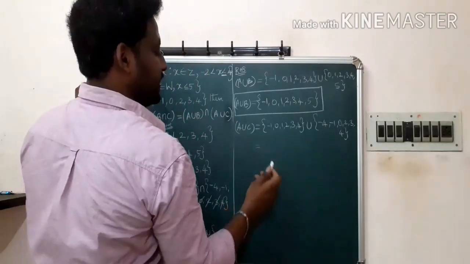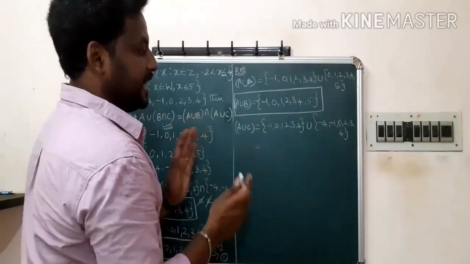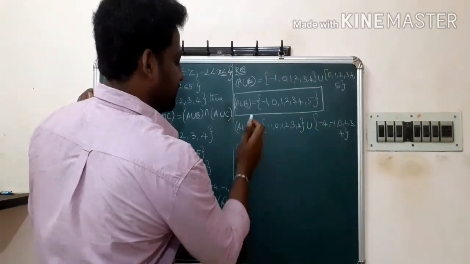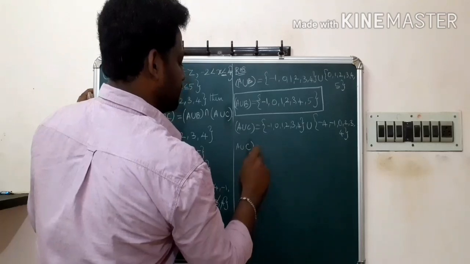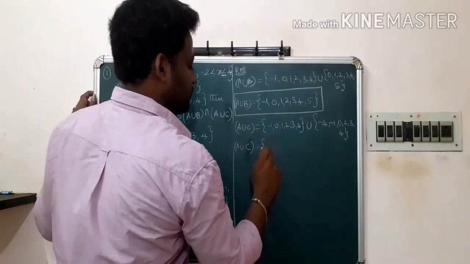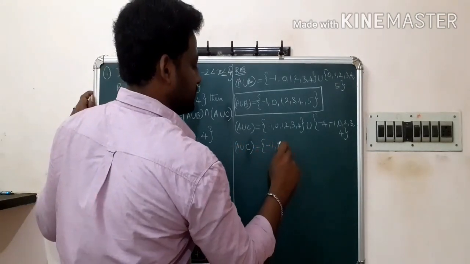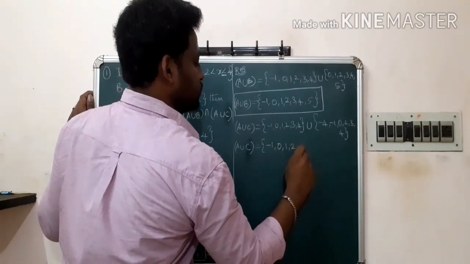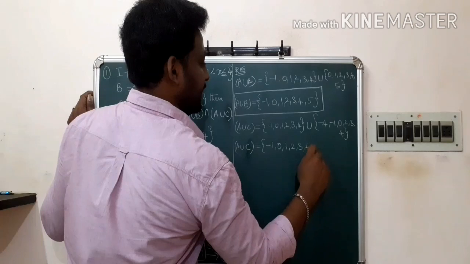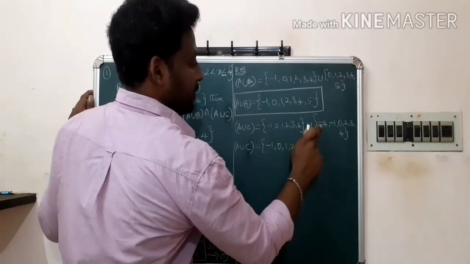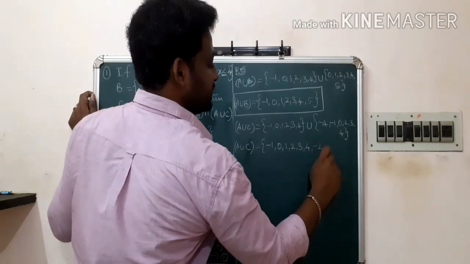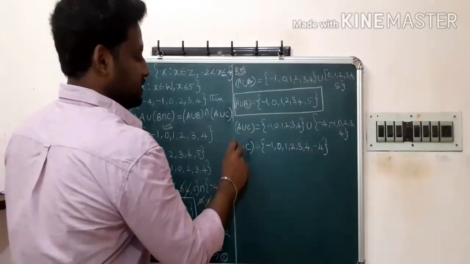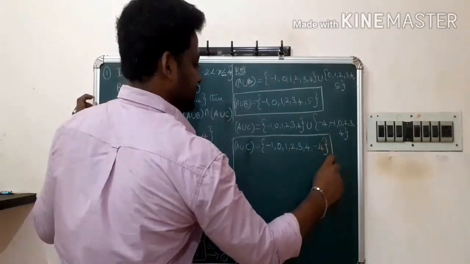We have to take the union, which means we have to combine A and C. That is A union C. So minus 1, 0, 1, 2, 3 and 4, and also minus 4 is here. So this is A union C.